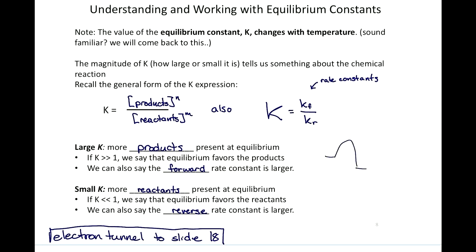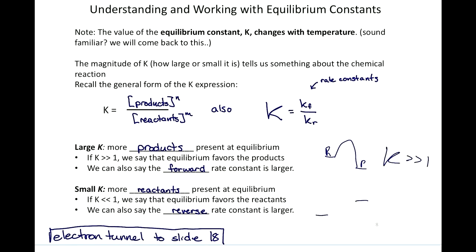So for example, here is a one-step reaction, reactants to products. We see that the forward rate is faster than the reverse rate because the activation energy for the forward direction is smaller than the reverse. So here we see, products will accumulate. K is a big number.